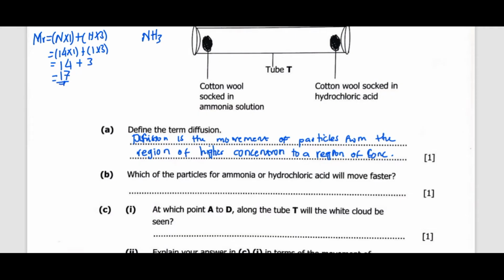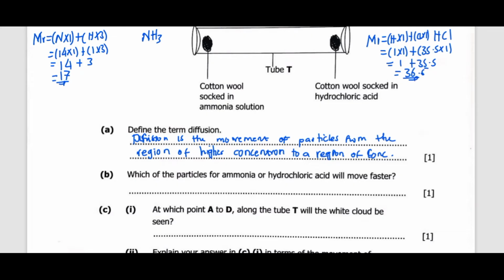Now let's check for hydrochloric acid. So here we are going to say the molar mass is equal to, here we have HCl. So there is 1 atom of hydrogen plus 1 atom of chlorine. The mass number is 1 times 1 plus 35.5 times 1, which gives us 36.5.